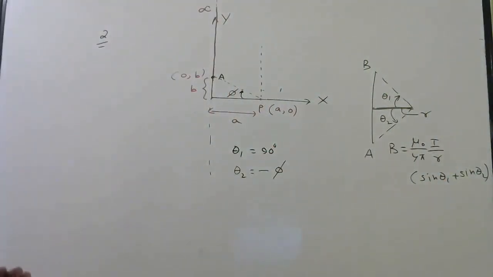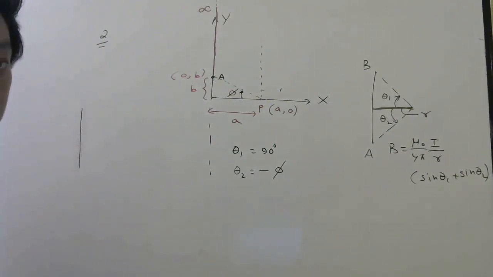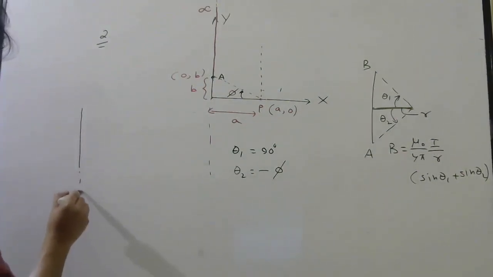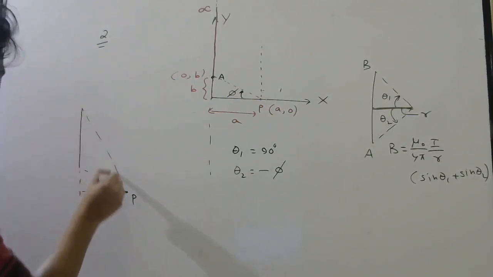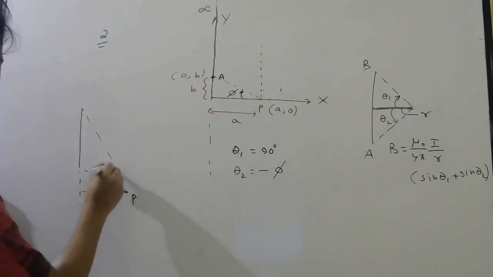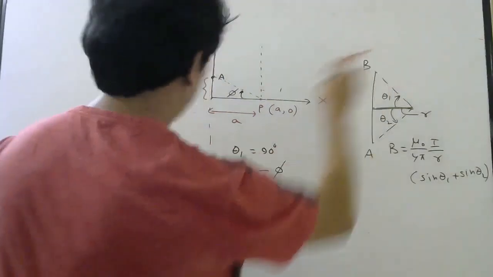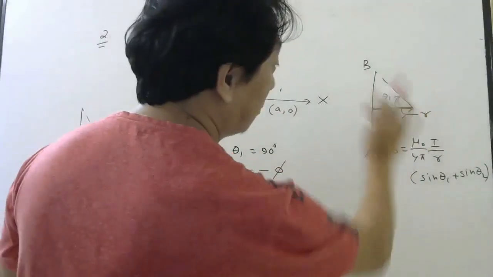That is something very important to understand. For example, sometimes your wire will be like this, and I may ask the magnetic field at this point. Then you have to draw this line and that line. Theta 1 is the angle made by the upper end, so that is positive because it matches with whatever I took.